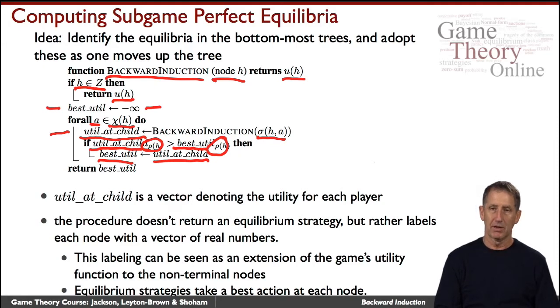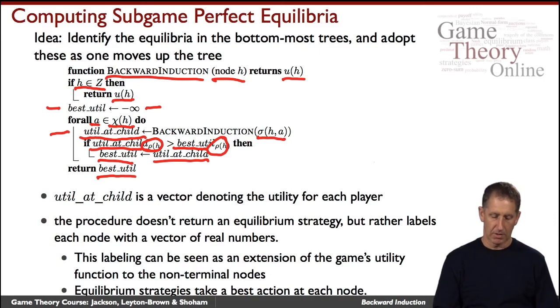In this way, we're cycling through all the children and finding, from the point of view of the agent to whom node h belongs, which of all the vectors is best. Again, the intuition is he will take the action leading to that child and update that vector accordingly. And that's why when we're done, we return the best we found so far, called bestUtil. That is the backward induction procedure.